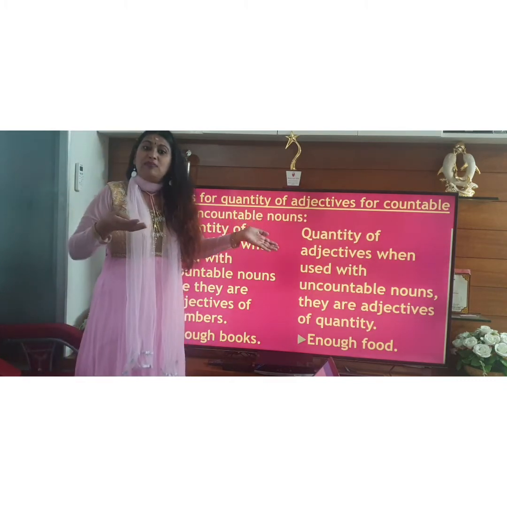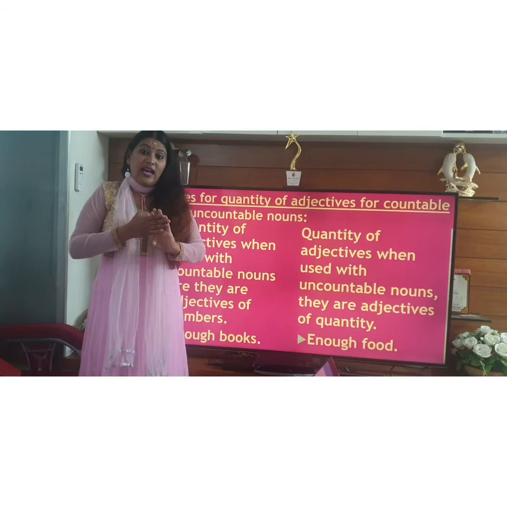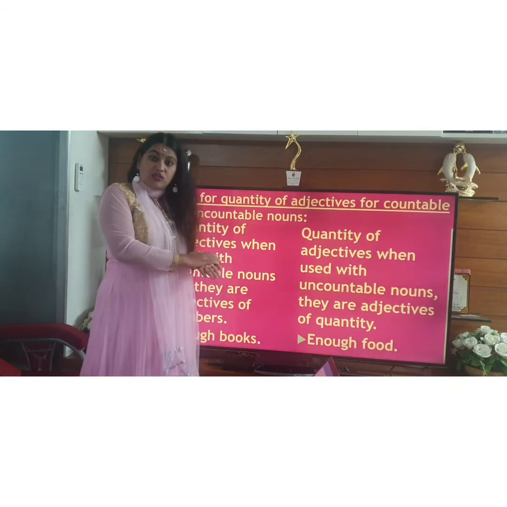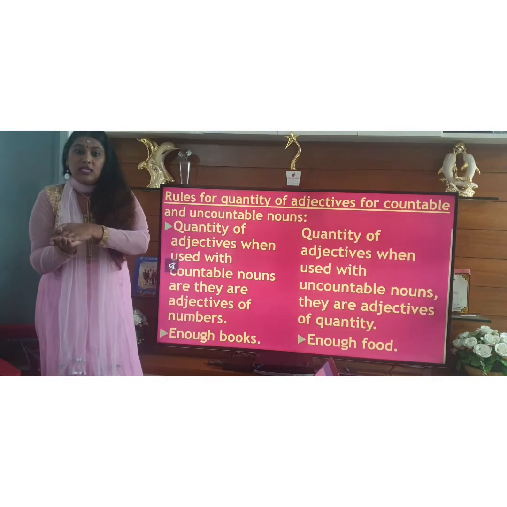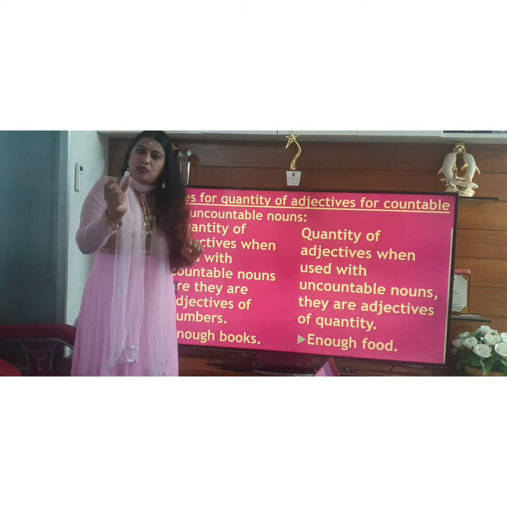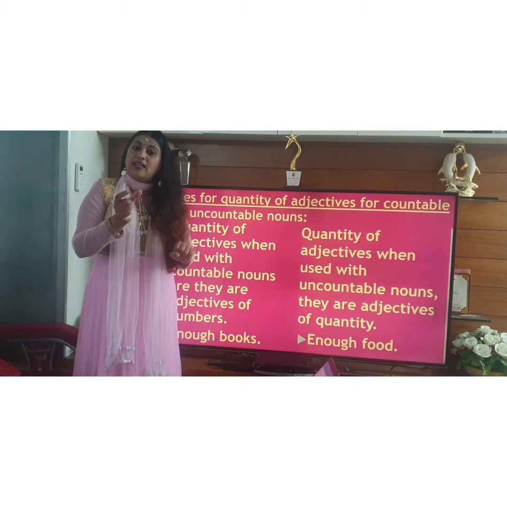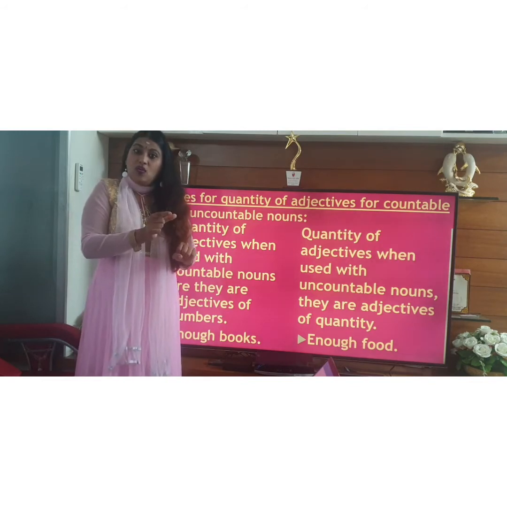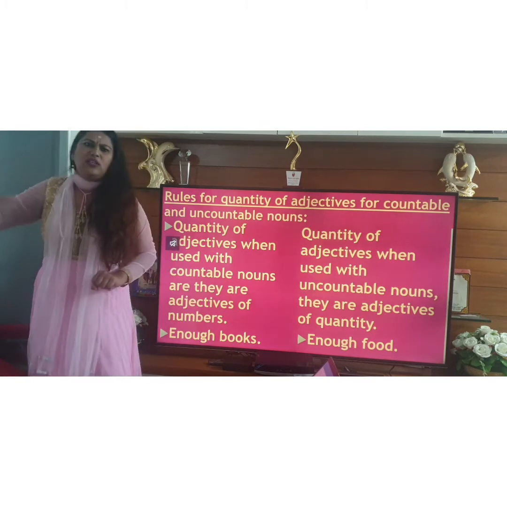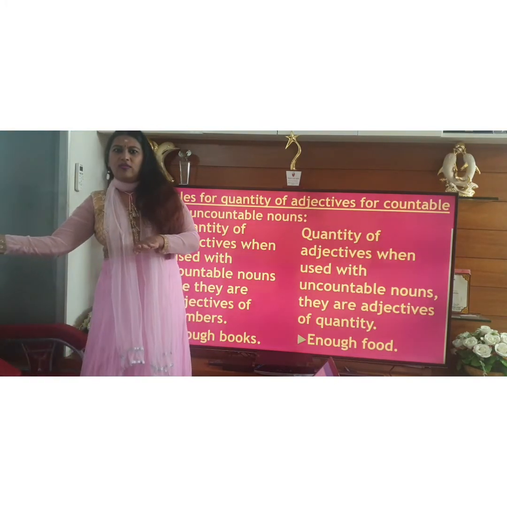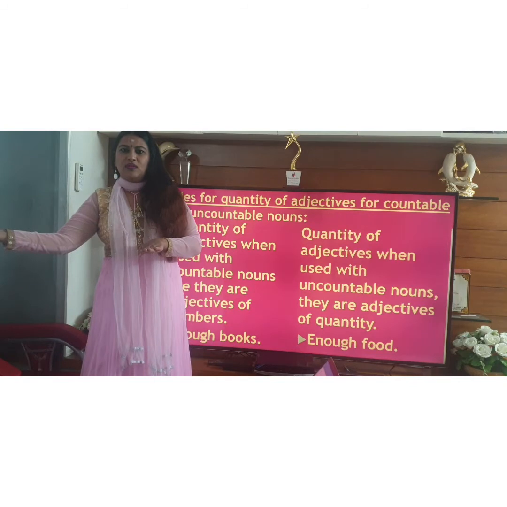So same thing, they act as adjective of quantity also, they act as adjective of number also. So these words act as adjective of numbers for countable nouns. When you can count 1, 2, 3, 4, they are numerical adjectives.